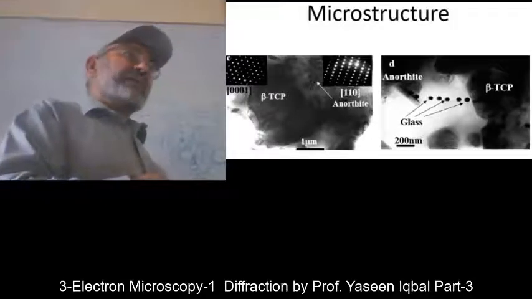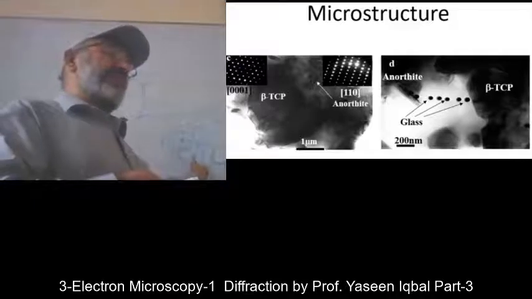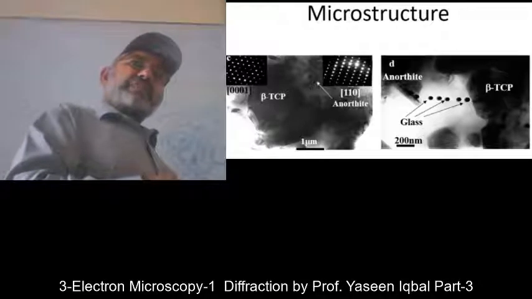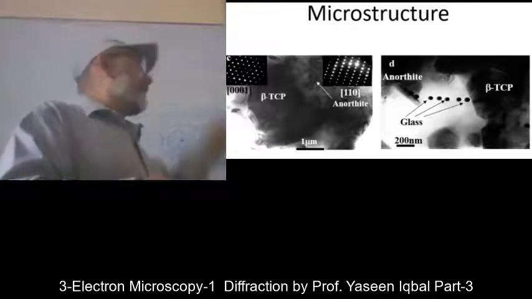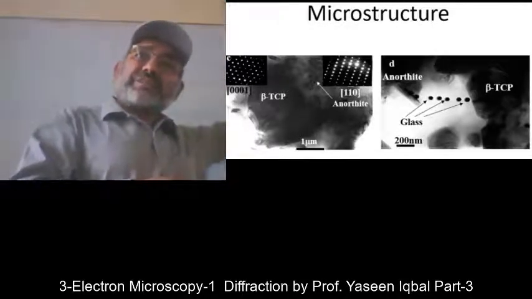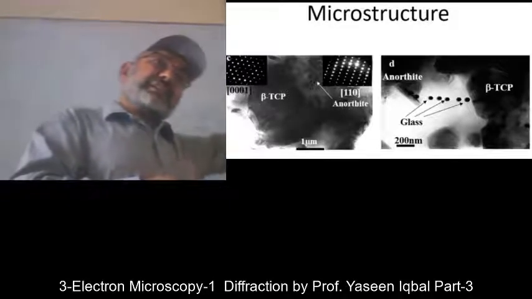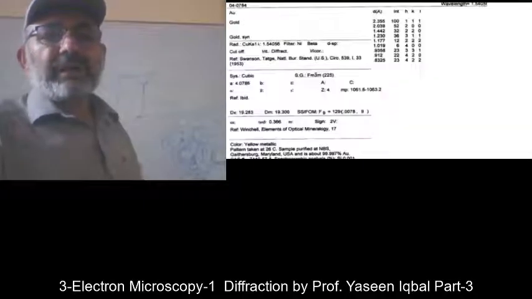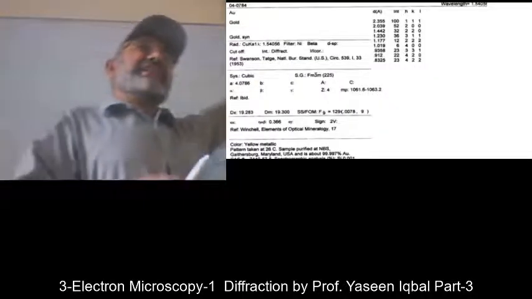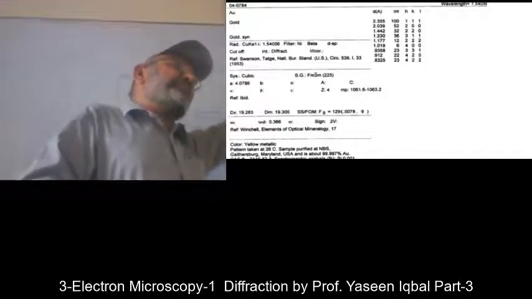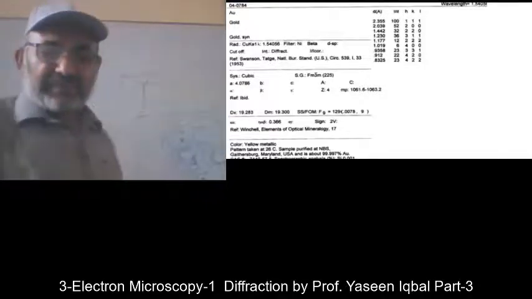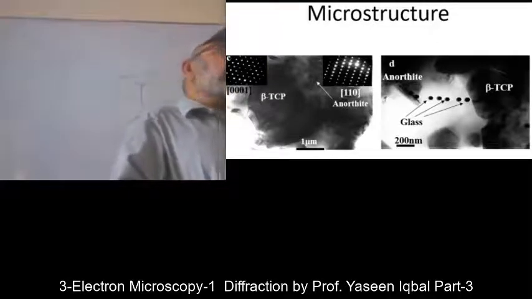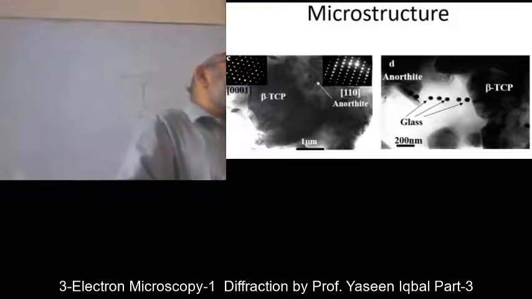And when I find that this is tricalcium phosphate and this is anorthite, calcium aluminosilicate, then I go to the crystal structure. If the crystal structure D values are also matching the ICDD cards of the relevant compounds, then I say that the lake-like morphology corresponds to the anorthite crystals.